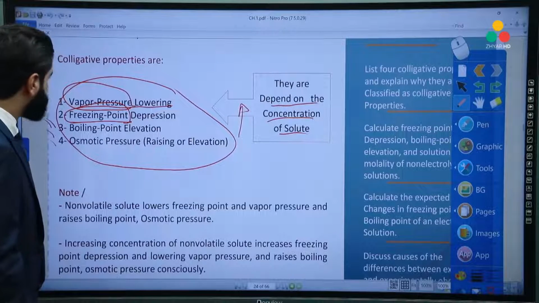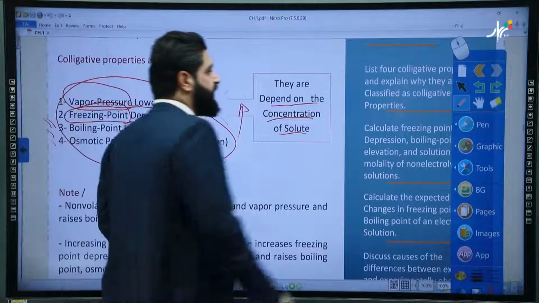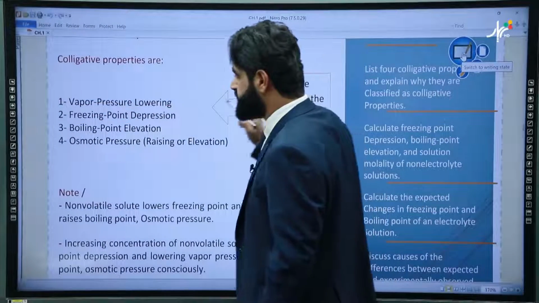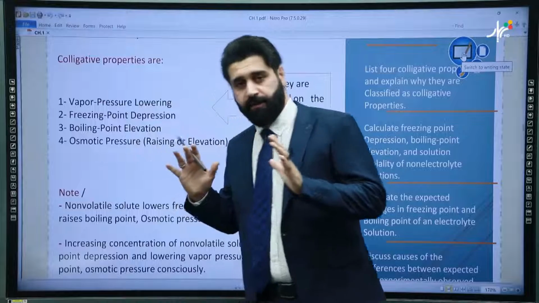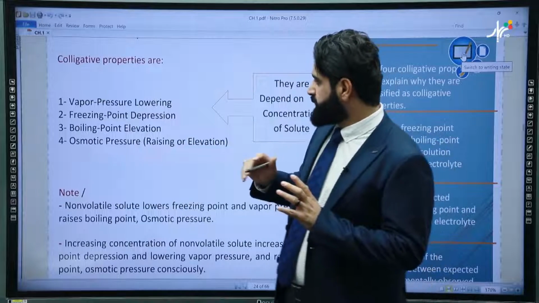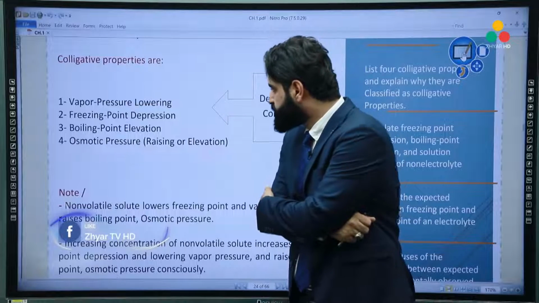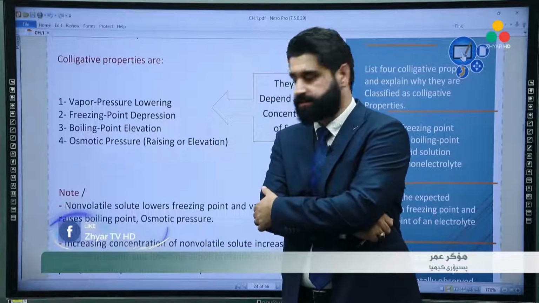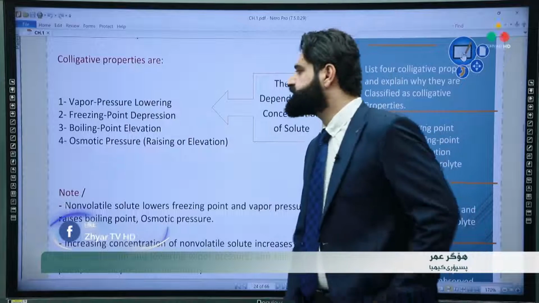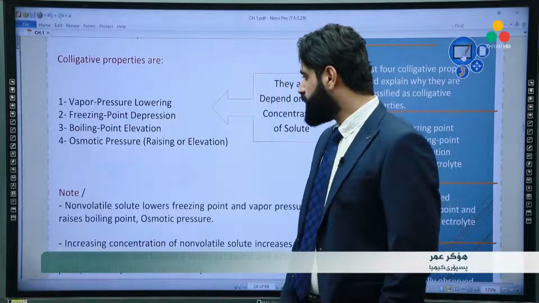Well, from now on you have to know that. Anywhere, if you see this question, why is vapor pressure a colligative property? Why is freezing point a colligative property? Why boiling point, why osmotic pressure?